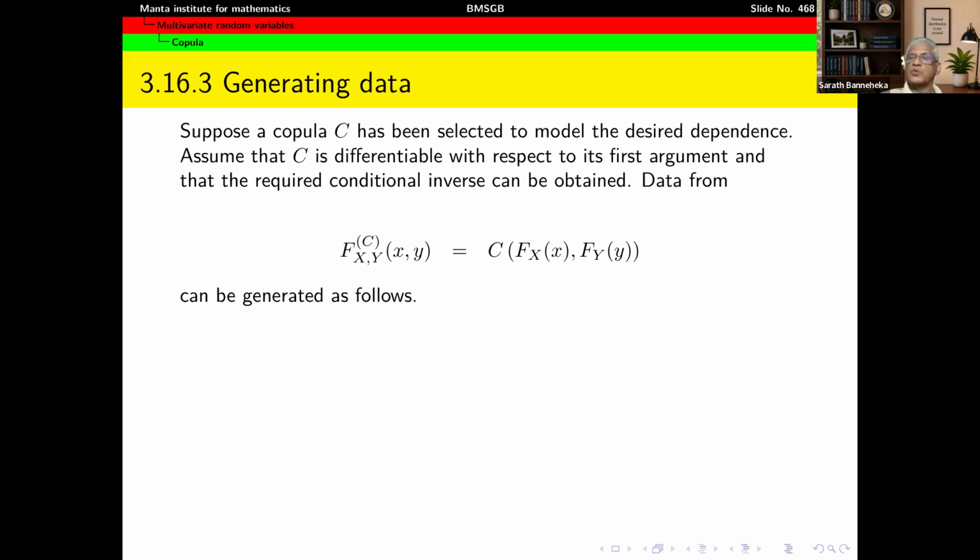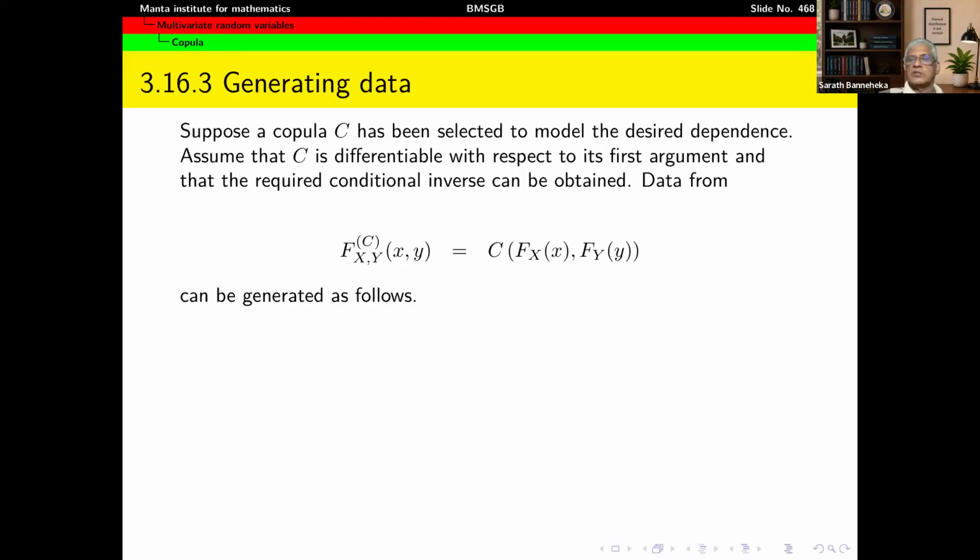Right? Then obviously using that copula, we can always get the required marginals. The important thing is to capture the actual dependence as close as possible. Suppose a copula C has been selected to model the desired dependence. Assume that C is differentiable with respect to its first argument and the second argument, and that the required conditional inverse can be obtained. Right. So in order to actually generate data, this is required.